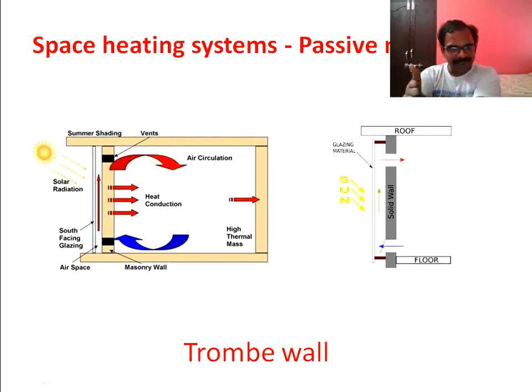Once the air passes through the lower vent, again the sunlight falls on the glass window and heats that cool air, and again it becomes hot and is transferred into the room. This is how the room temperature will be maintained by means of a Trombe wall, which is called a solar passive space heating application.